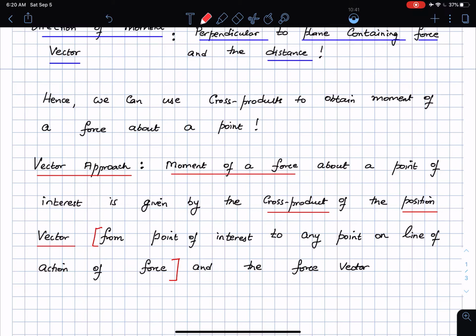Force, if you write it as a vector, is the force vector. But then two key things that I'm going to underline in a different color. The position vector is from the point of interest to any point on the line of action of the force. This is extremely important and extremely powerful. Why is that? Any point on the line of action of the force.